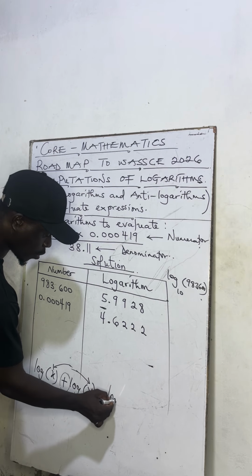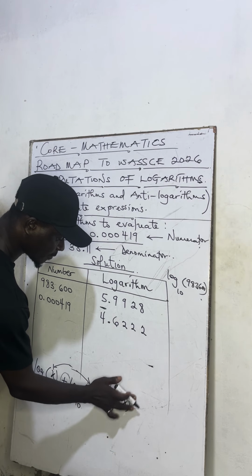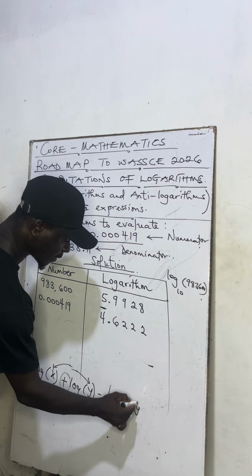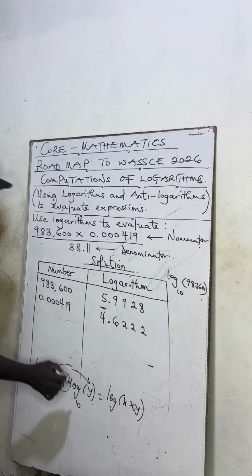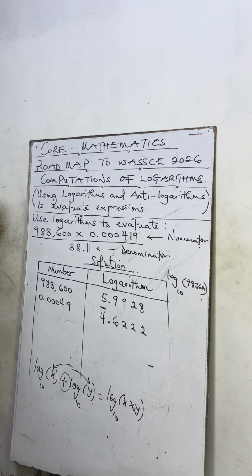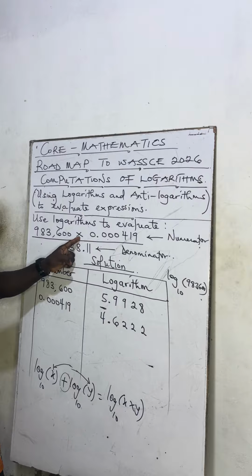So we get log of x times y, then we bring our base 10. The same thing: for the actual numbers, they are multiplying.